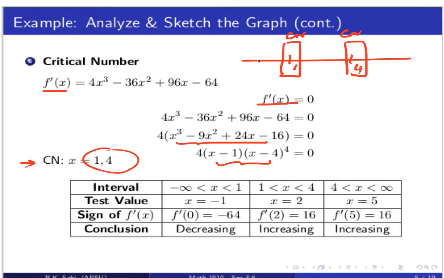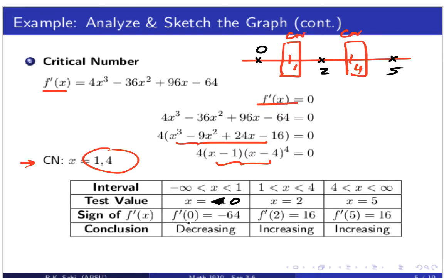Now, we need to know where the function is increasing or decreasing. What we do is take little test values: for minus infinity to 1, I'm going to take 0, then 2 between 1 and 4, and 5 above 4.